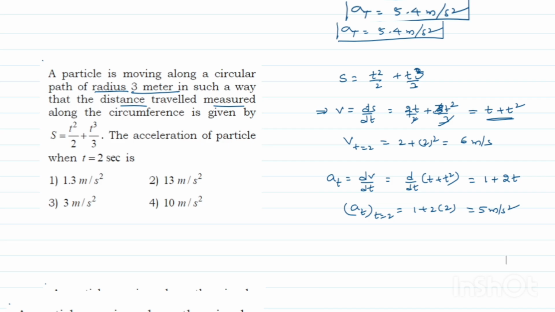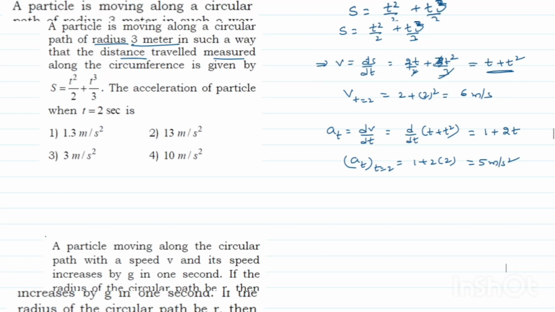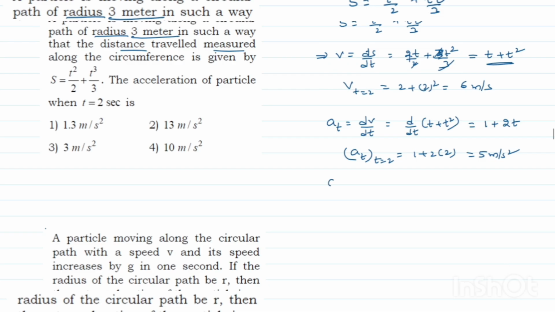Now let us talk about the centripetal acceleration. The formula is v square by r. V we have already calculated, that is 6 meter per second. So 36 by radius, which is given as 3, we get 12 meter per second square. So this is the tangential acceleration and centripetal acceleration.